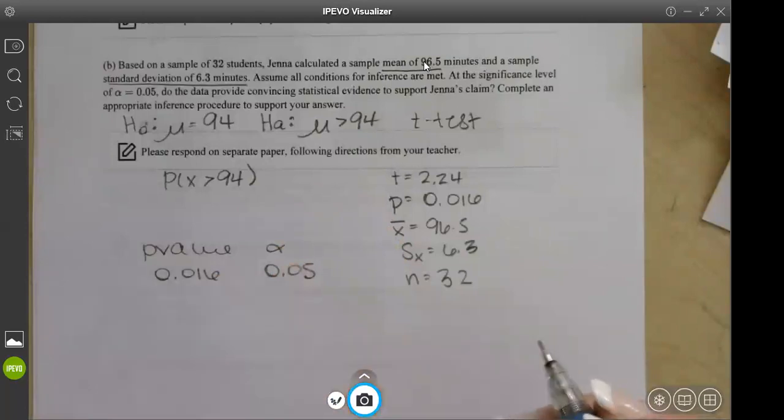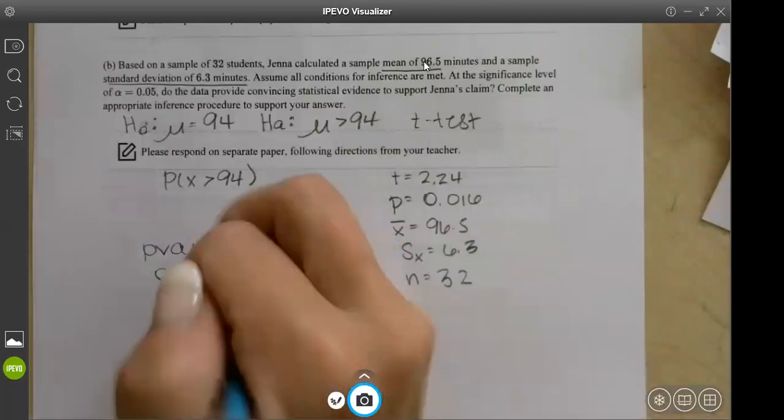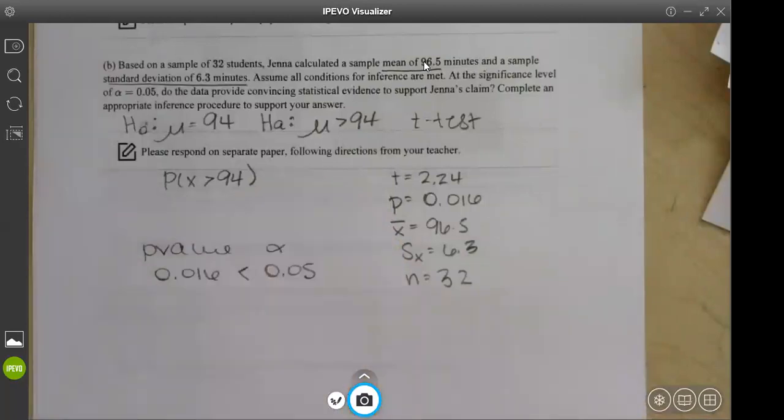I'm so sorry, I was thinking less than in my head because I'm reading left to right and you're reading right to left. I apologize. It's okay. You're good.